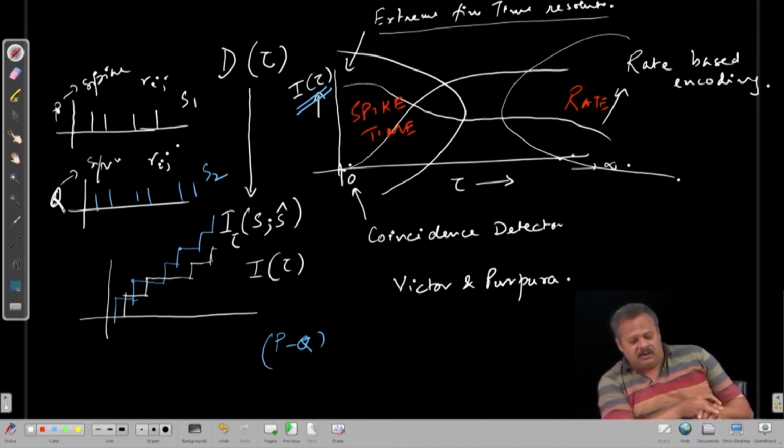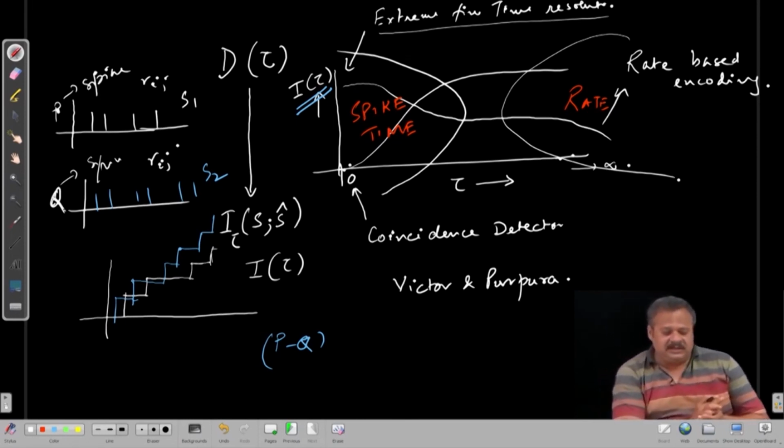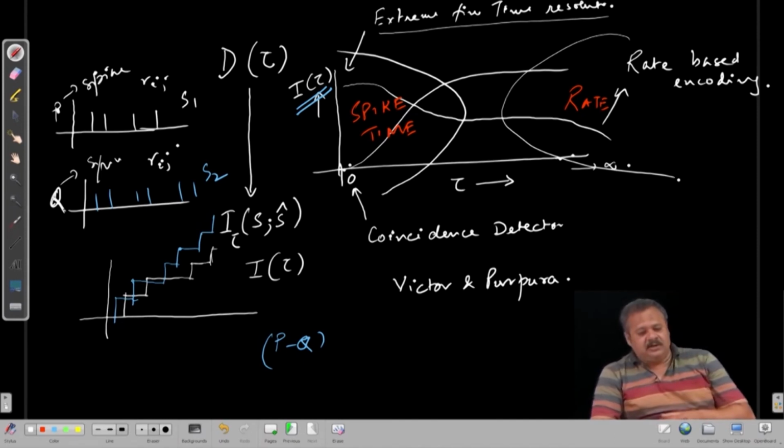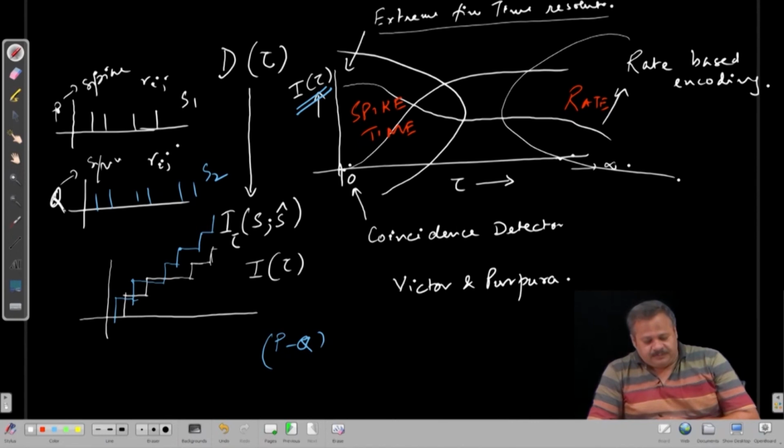We will not go into details here, but just for your sake you should know that there are other measures like this, and they can be used again in the same framework of computing mutual information between stimulus and response based on discrimination and biologically plausible measures of discrimination.